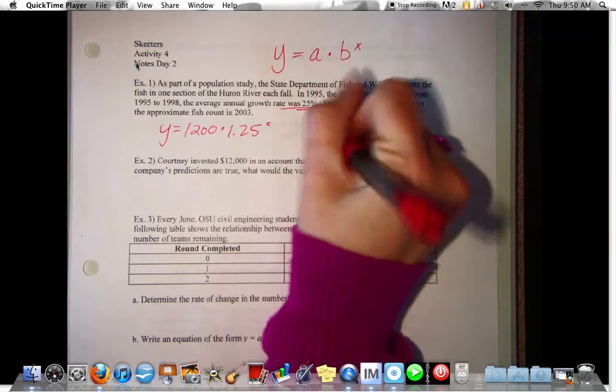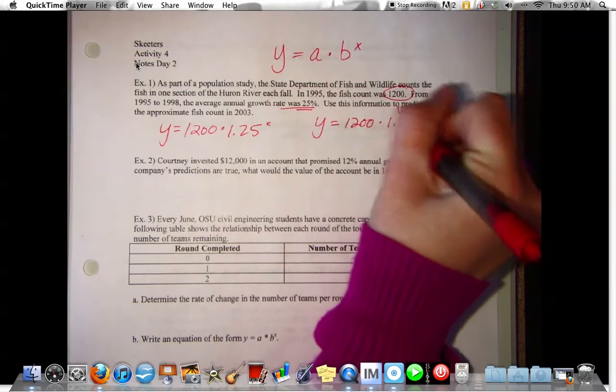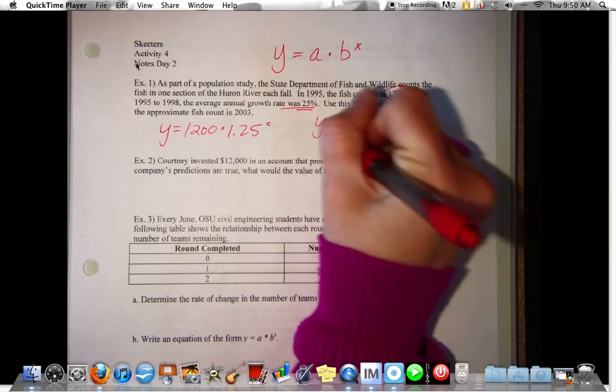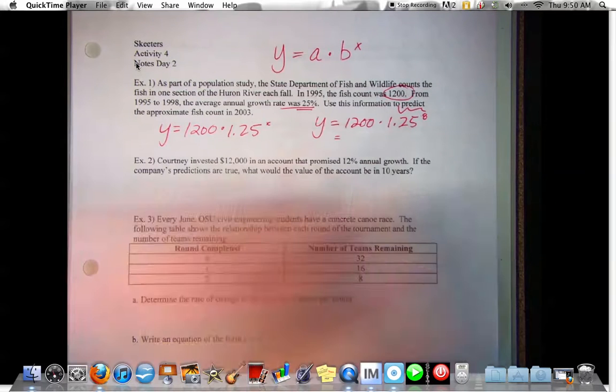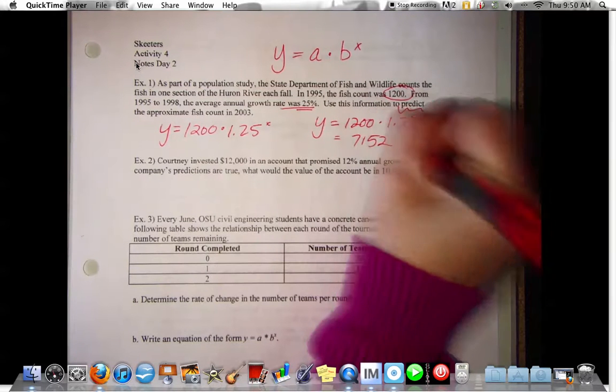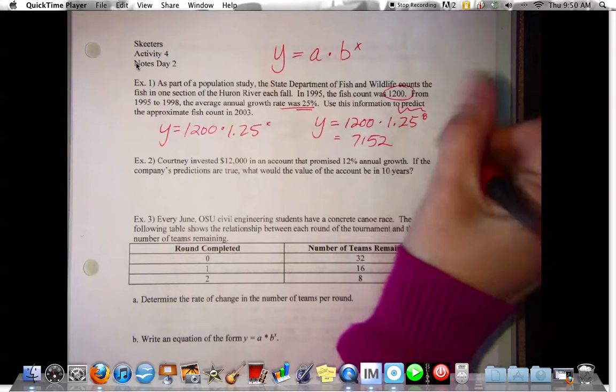Okay. So y equals 1,200 times 1.25 to the 8 gives us what? And what are we counting? Fish.